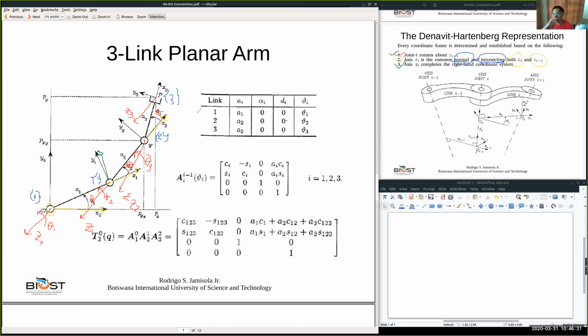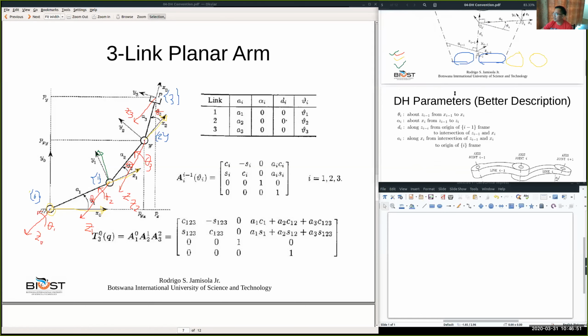Because now we have identified all those reference frames, we are ready to identify the DH parameters. So let's go here. I cannot scroll. I have to end annotation to be able to scroll. Okay, there.